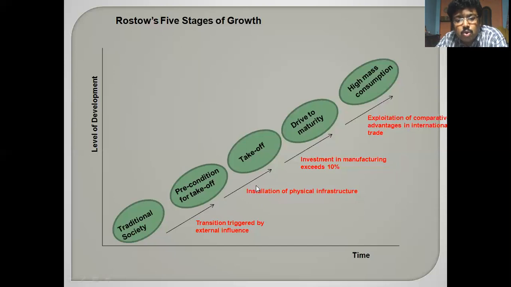This stage of economic growth undergoes a process of change for building up conditions for growth. In the next stage there is takeoff, so conditions are prepared in this stage. On that basis, the takeoff will happen. This is the precondition for takeoff stage.